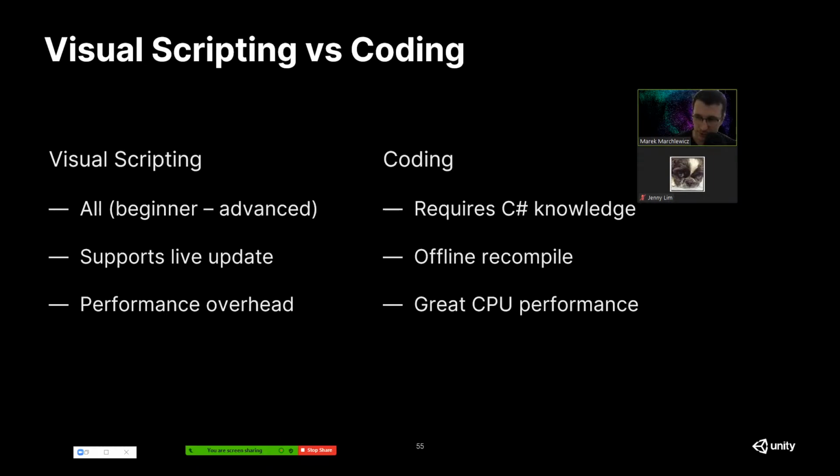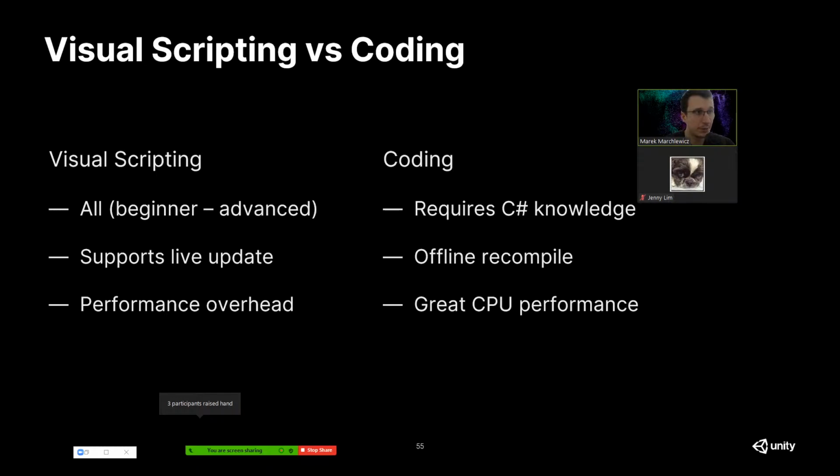If you haven't done programming before, this is a great solution for you because it can get you up to speed, and without any coding knowledge, you are able to create the gameplay behaviors. Whereas coding in C# requires some programming knowledge. Although C# is not the most difficult language, the learning curve is much higher than a visual scripting tool.